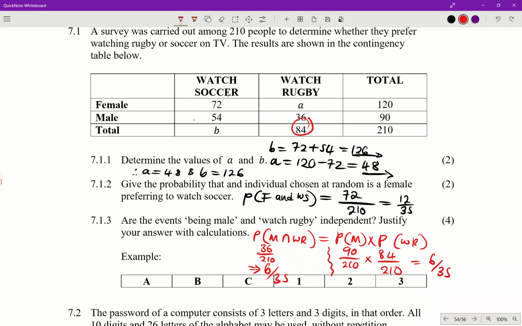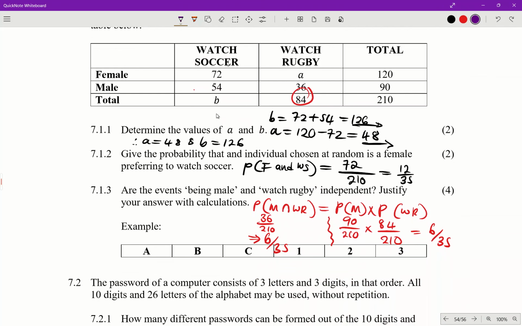Finally, they are independent. So this means that the probability of male and watching rugby is the same as the probability of male multiplied by the probability of watching rugby.